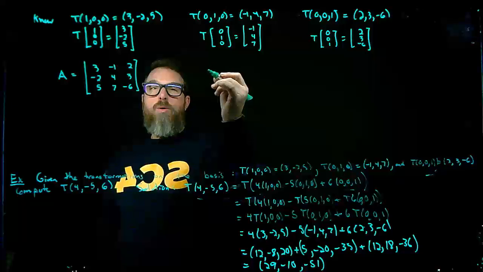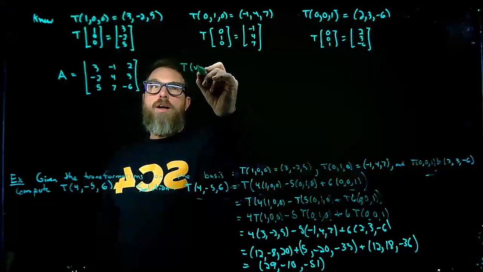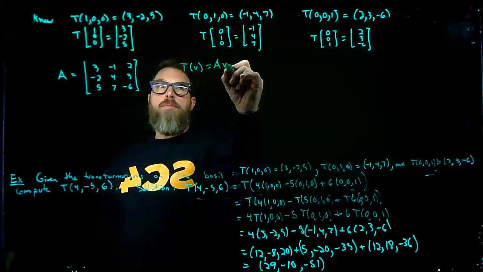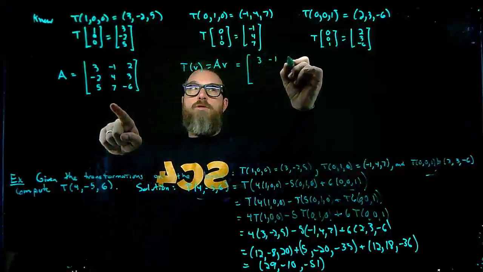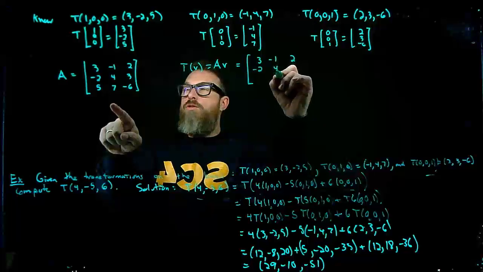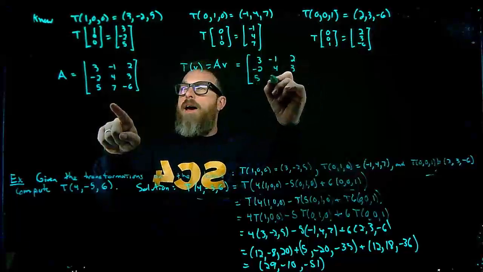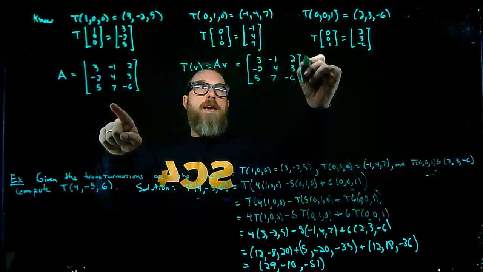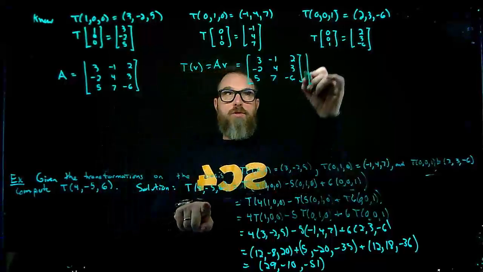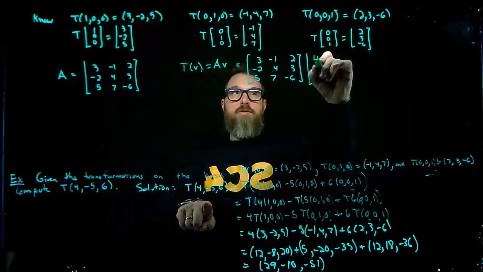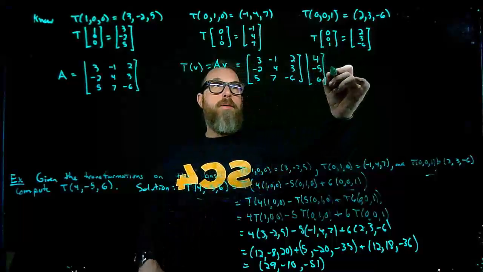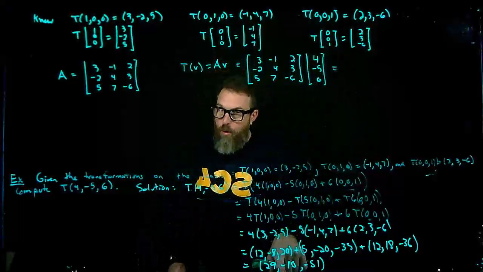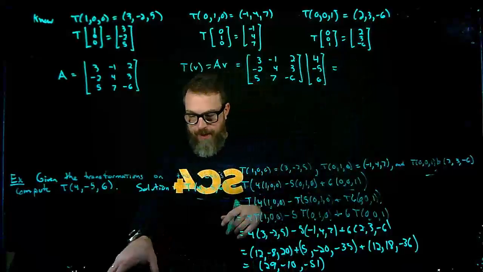So the whole idea is that the transformation on vector v is just equal to some A times v, which is going to be equal to this. I'm going to have 3, minus 1, 2, minus 2, 4, 3, 5, 7, minus 6. And then I'm going to multiply it by this vector, which is this vertical matrix. And doing matrix multiplication, I'm really hoping to see this thing back.